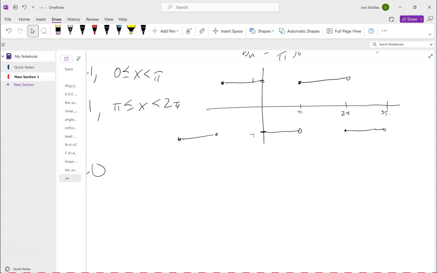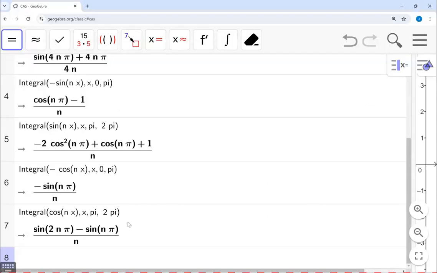When I have an odd function and I'm trying to approximate it with sines and cosines, well, we know that sine is odd and cosine is even. Notice that all that's left are the odd pieces, right? All the even pieces went away. That makes sense from the way the function looks.